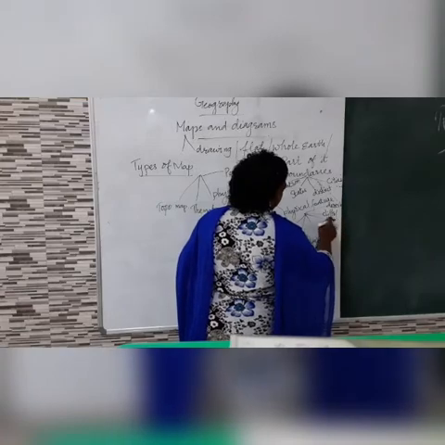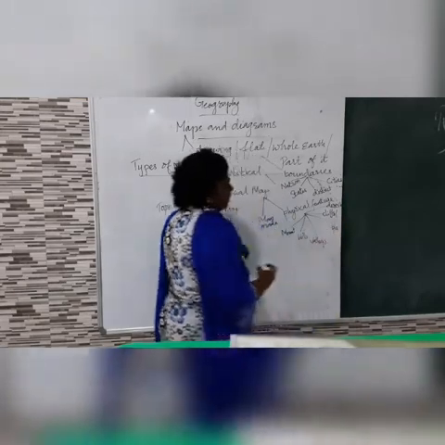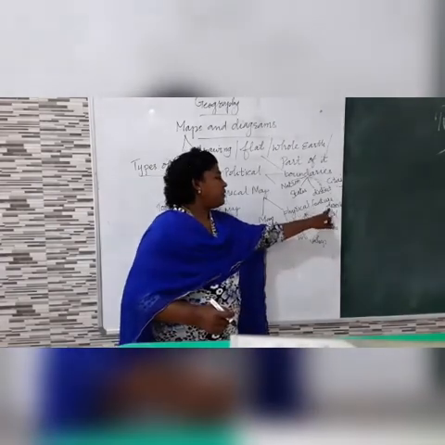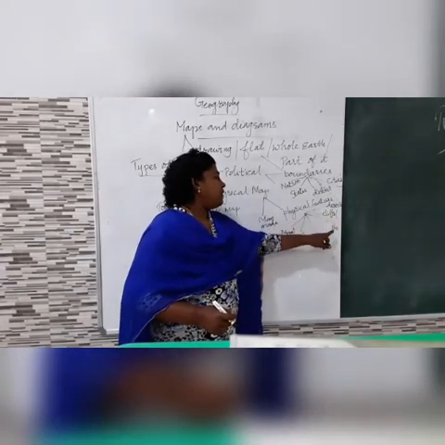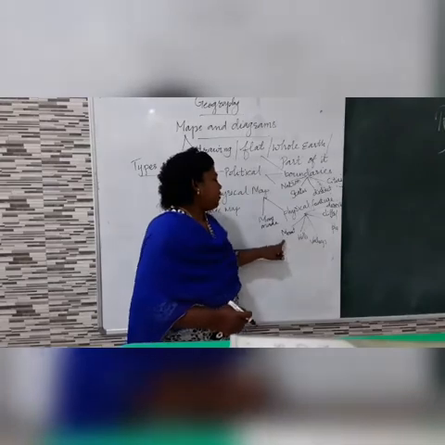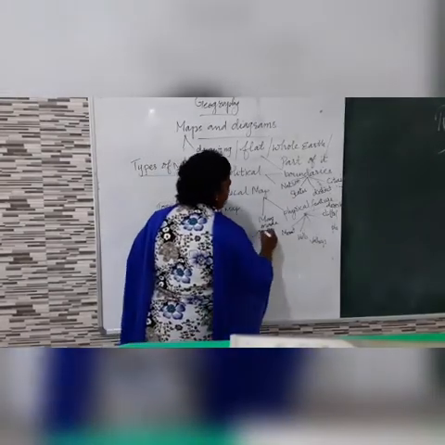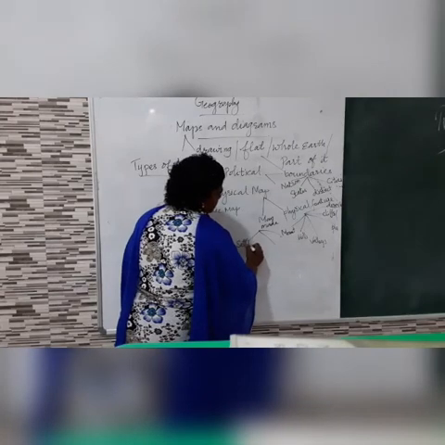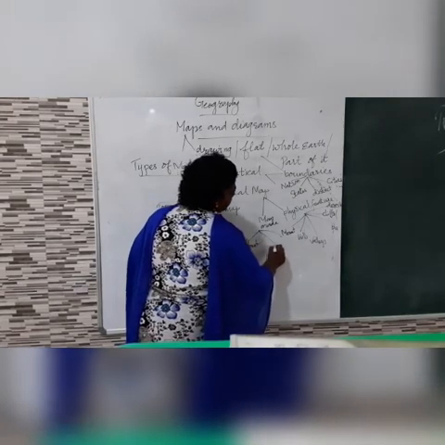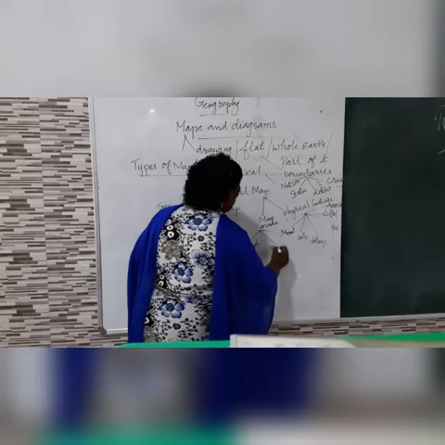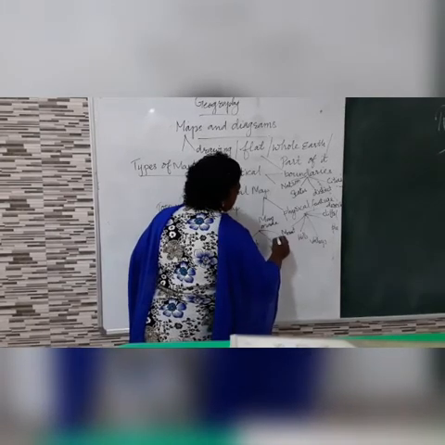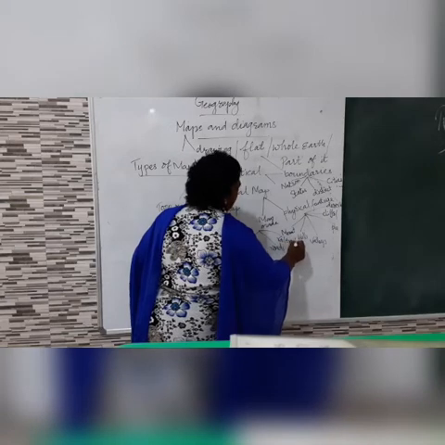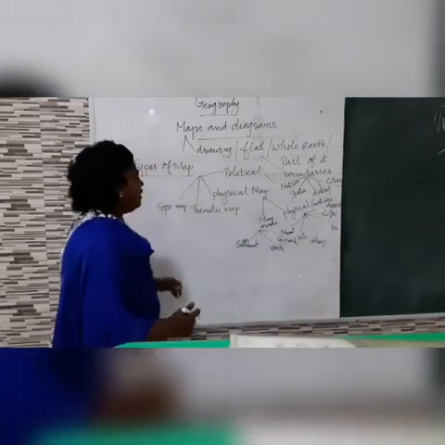These are physical features. And man-made objects like settlements, roads, railway track, etc. All these things you can see in the physical map.